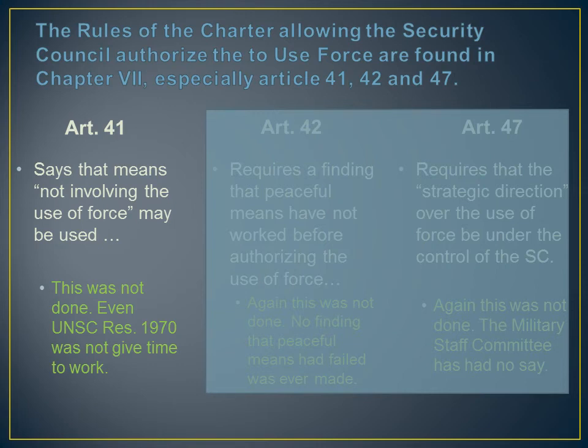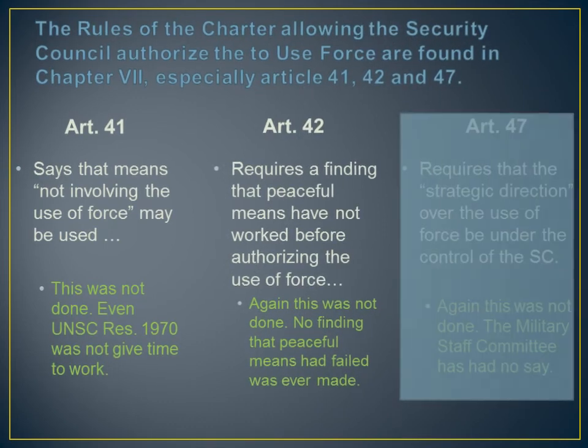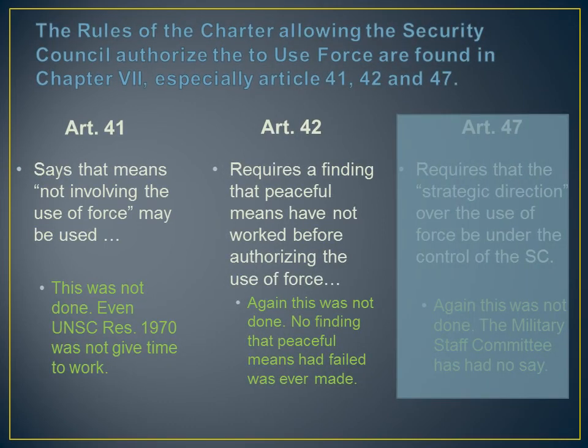But Resolution 1970 was not given adequate time to function. Article 42 requires that the Security Council make a finding that the means undertaken under Article 41 have not proven to be effective before they can move to authorizing the use of force under Article 42.